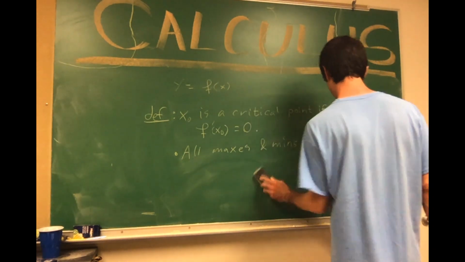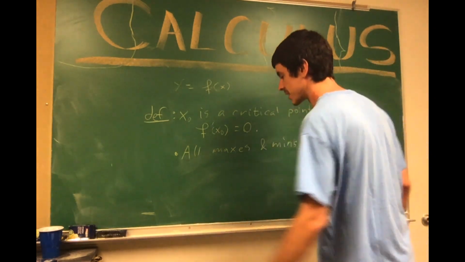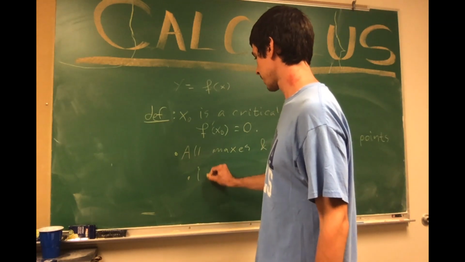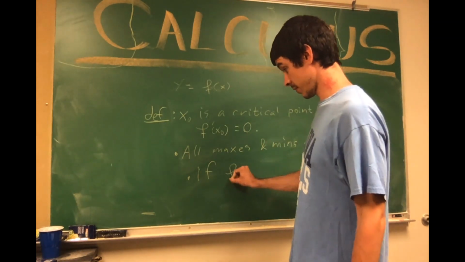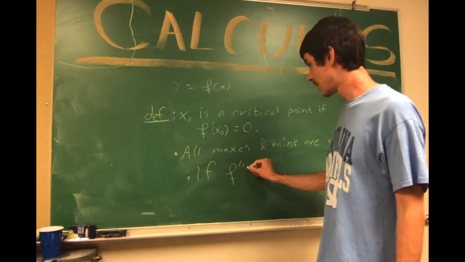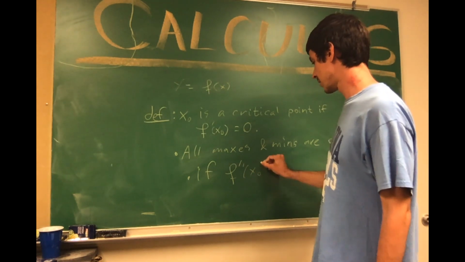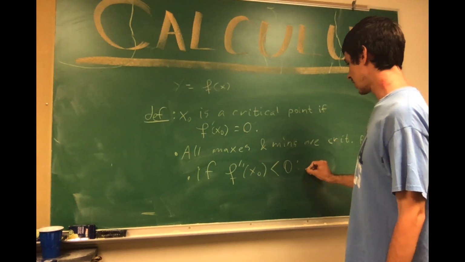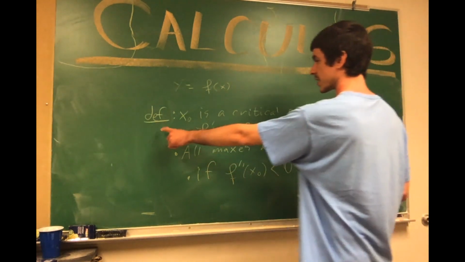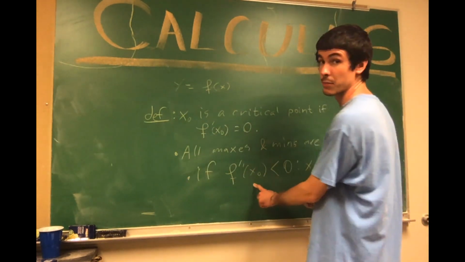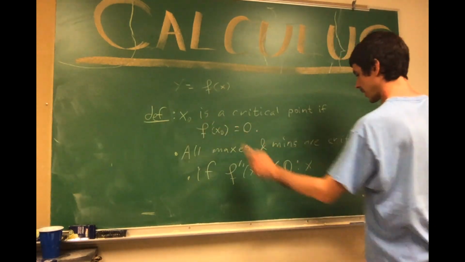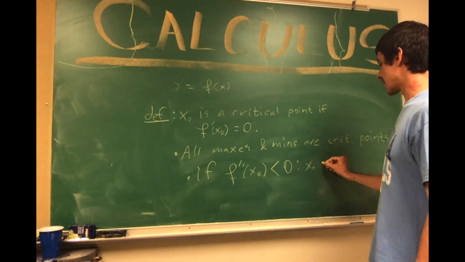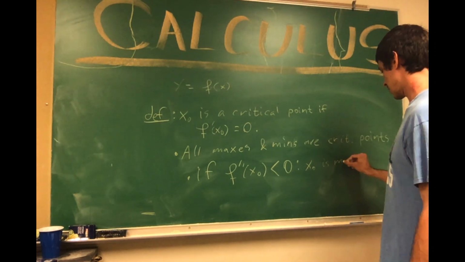So let me just summarize our results about maxes and mins here too. Assuming x0 is a critical point, if f double prime of x0 is less than 0, then x0 is a max, right?